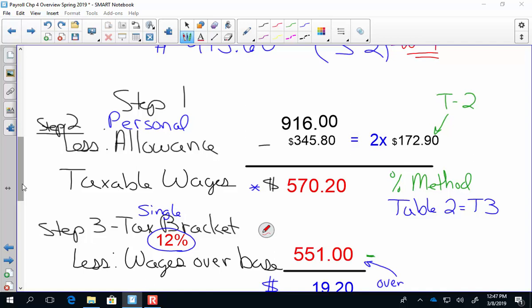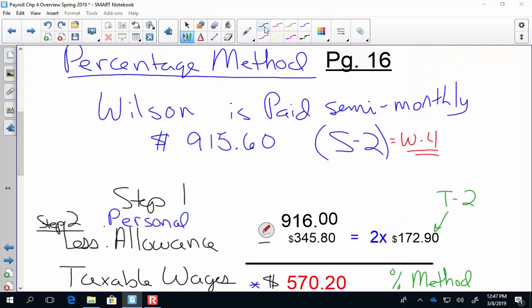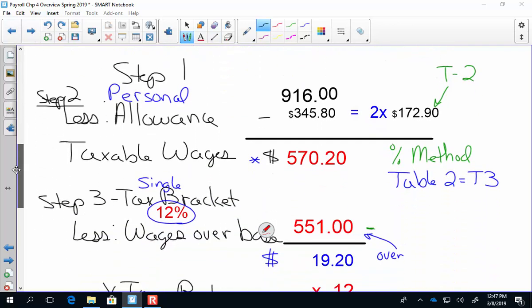I then have to subtract the number of allowances. In this case, it's 2. But remember, it's a semi-monthly payment. If you go to your tax tables toward the back, there should be a section, page number T for taxes.